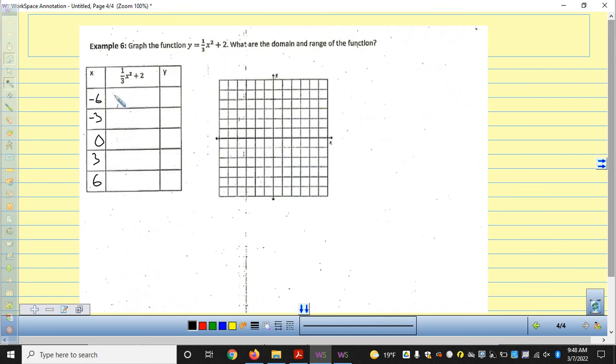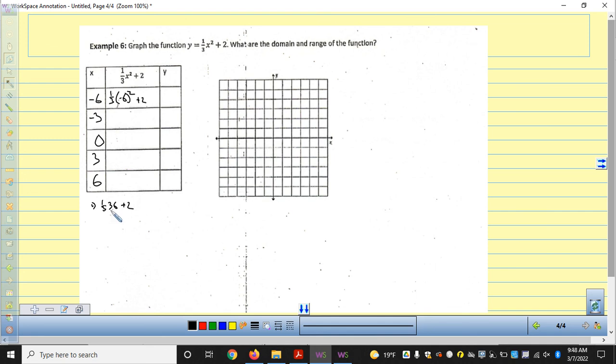All right, so I'm going to plug in -6 here. 1/3 of -6 squared plus 2. I'm going to write some calculations down here. -6 squared is 36, so we get 1/3 of 36 plus 2.